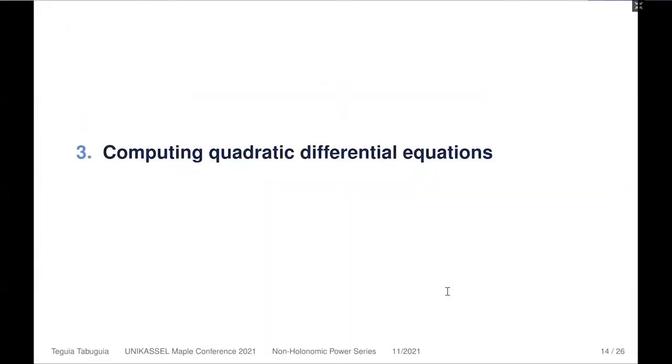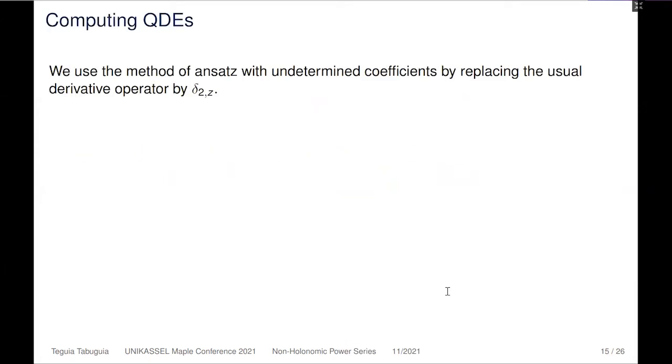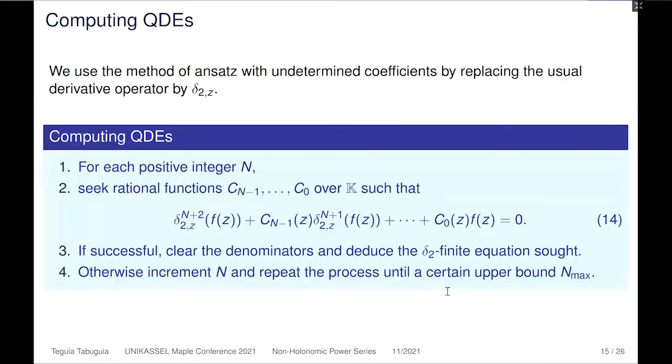So how do we compute quadratic differential equations? Our idea is to use the method of ansatz with undetermined coefficients by replacing the usual derivative operator by delta 2z that we just defined. The algorithm iterates on the order of the differential equation. For each positive integer n, we seek rational functions c_{n-1} up to c0 over the considered field so that this ansatz is satisfied by the given expression.